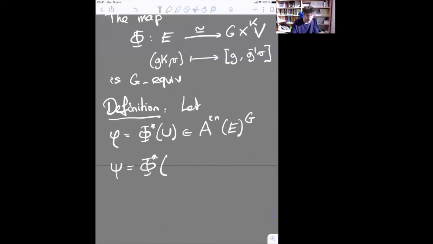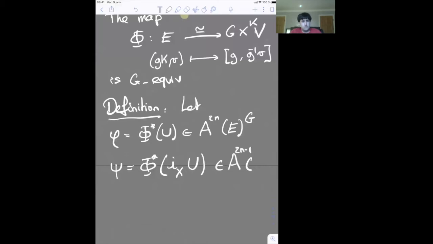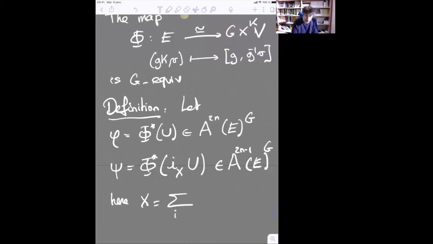And I will denote psi the pullback of U contracted with X, where X is the radial vector field in the fiber. In complex coordinates, it's Gi delta i plus Gi bar delta i bar.